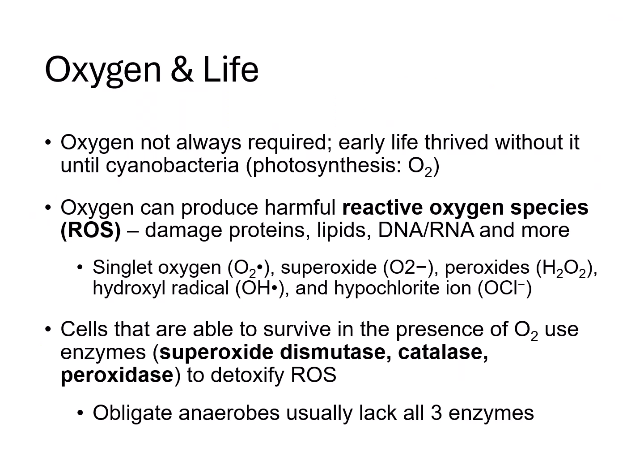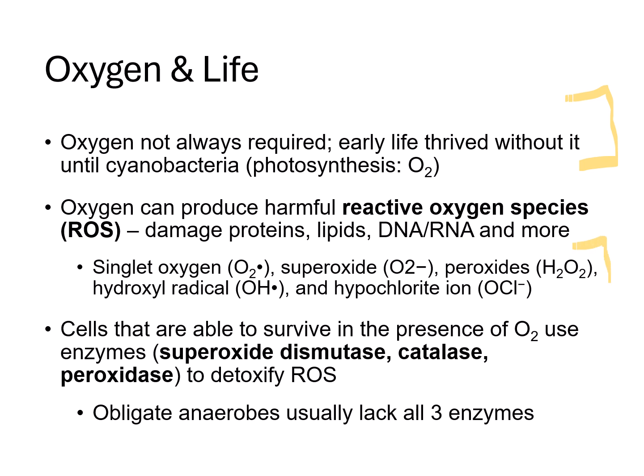Early Earth lacked oxygen, so the oldest bacterial lineages were anaerobic. Oxygen only became common after photosynthetic cyanobacteria began producing it. And oxygen is very useful, but also can be dangerous.